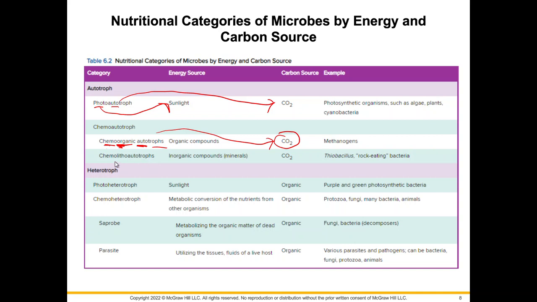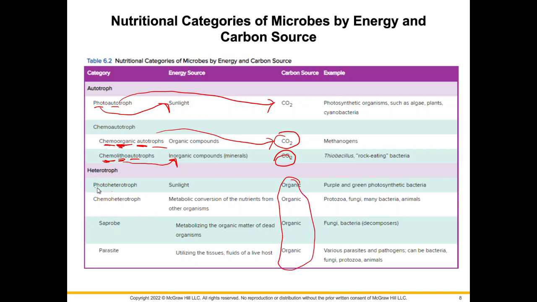Chemo-lithoautotrophs, so the difference here being litho instead of organic. So they're still going to use chemicals as an energy source. Specifically, it's going to be inorganic chemicals. That's where the litho comes from. Auto, again, meaning that it's going to have CO2 as its carbon source. Moving down to our heterotrophs, all of these have a carbon source that is organic.